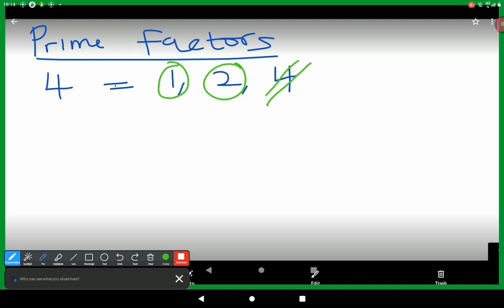Alright, now I have a method I want to introduce to you. We call it family tree. Using family tree to find your prime factors is the most reliable method you can be using. Alright, how do we go about this?